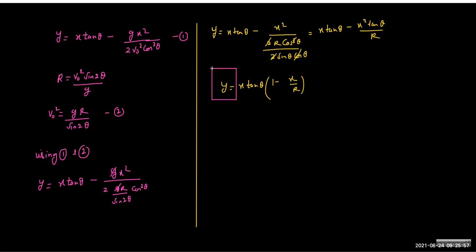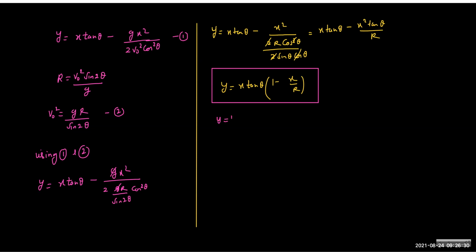Now this formula is very useful. It is really useful actually. And this formula will give you something interesting. Why interesting? Because the y max and the range will have a direct relation. You know how? Because we know that in oblique projectile motion, the y max happens at half of the range, right?